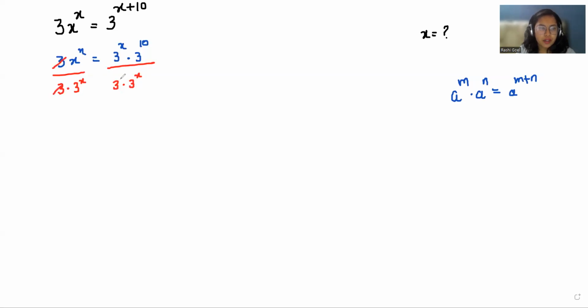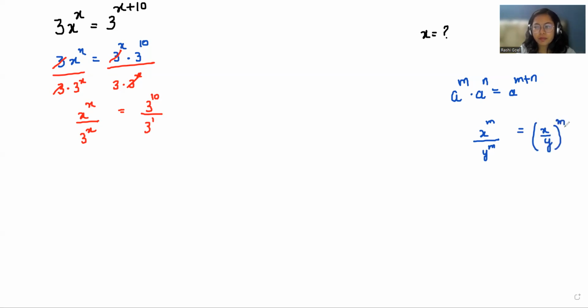So we can eliminate this and from here this. So what is left? 3x power x divided by 3 power x is equal to 3 power 10 divided by 3 power 1. Now, according to the exponent rule, x power m divided by y power m, we can write as x divided by y whole power m.